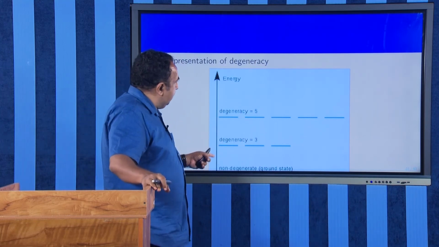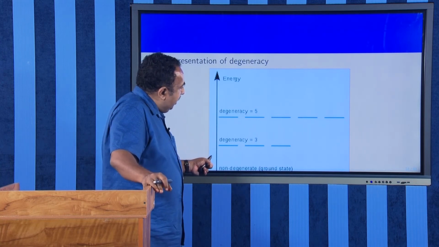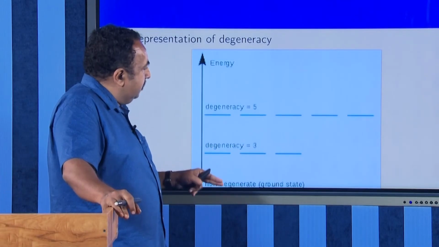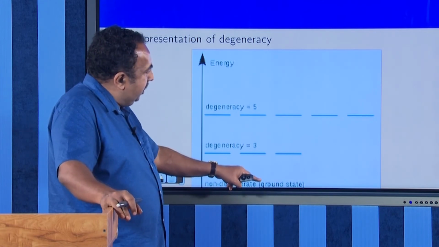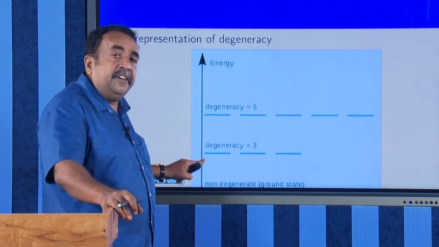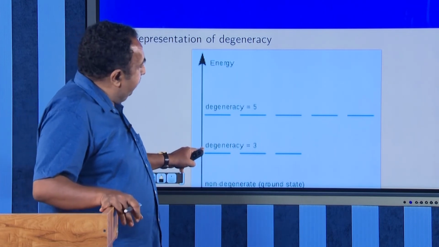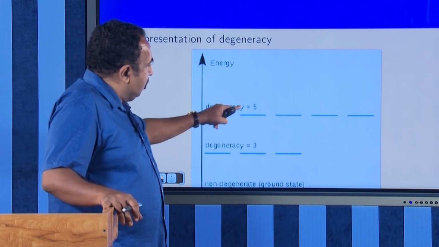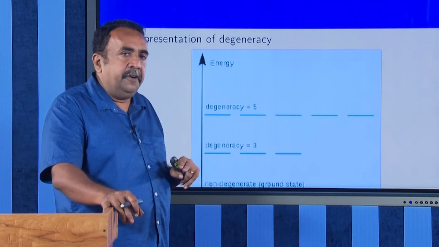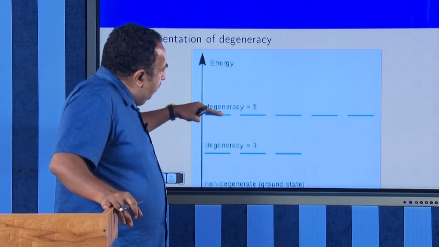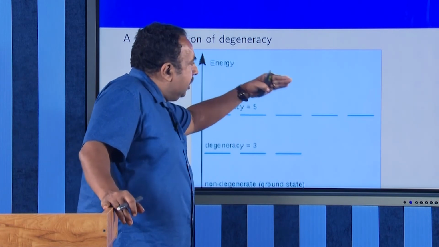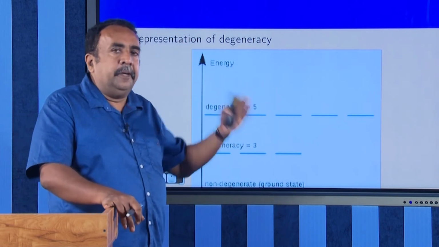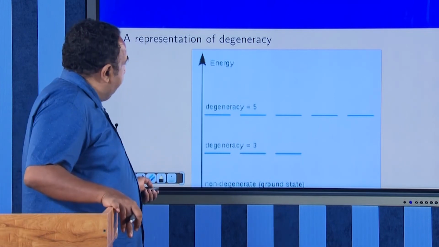Here I had shown the energy of a harmonic oscillator that we will see later on. You can see that your ground state will not be having any degeneracy, but your first state will be having a degeneracy of 3 and your second state will be having a degeneracy of 5. That is, there will be an energy for a state and that energy will be repeated for a system.